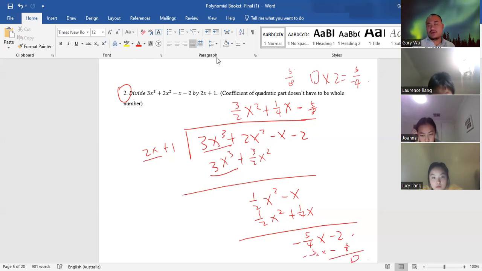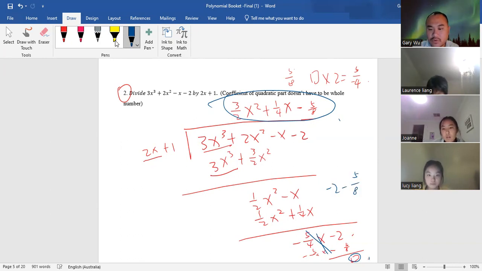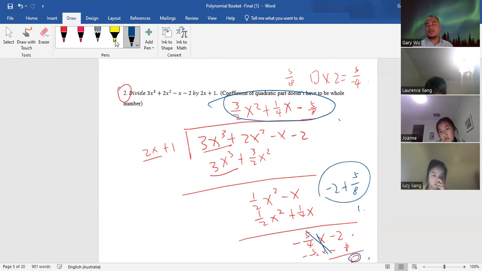And you will have a remainder. Okay, so that is how you do long division. Okay, Lucy, did you get it right? Yep. Okay, something like that, and then you have a remainder here. This cancels out, minus 2 minus this one, negative means you plus. So you can work it out, and that is the remainder.